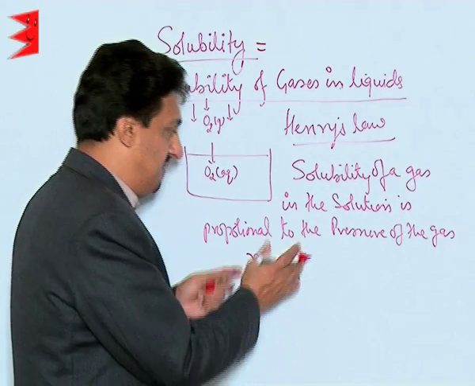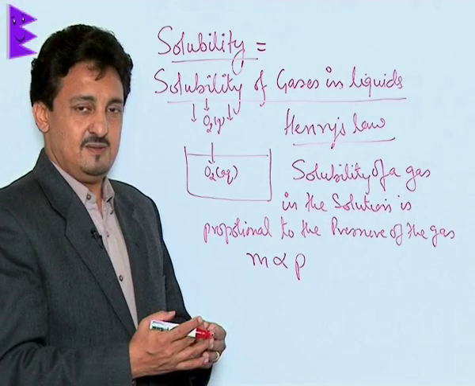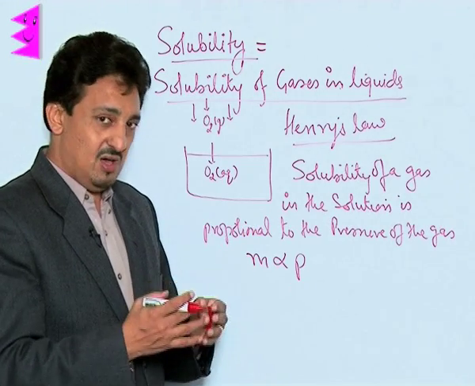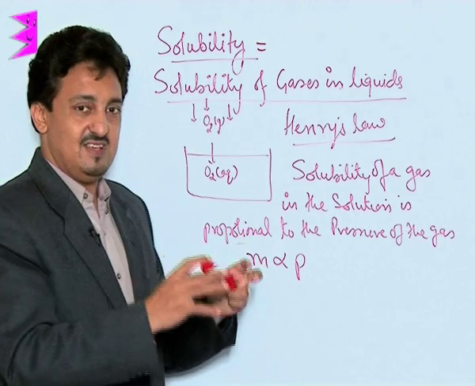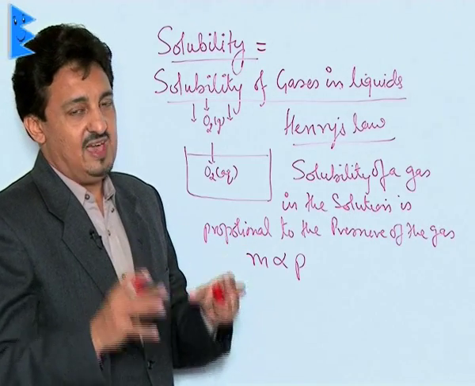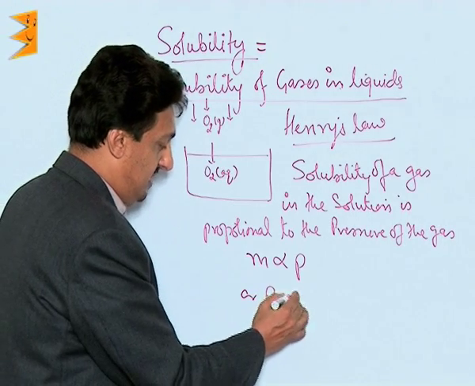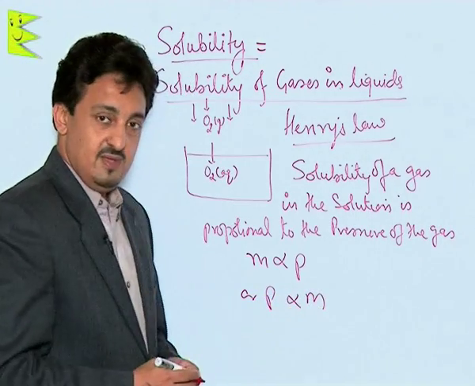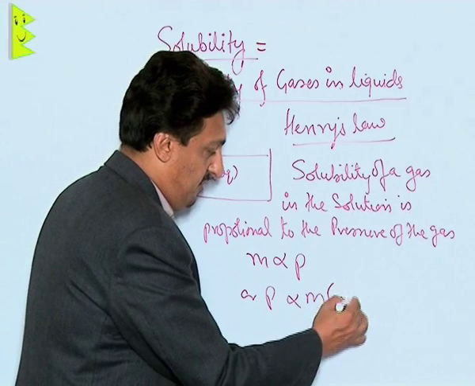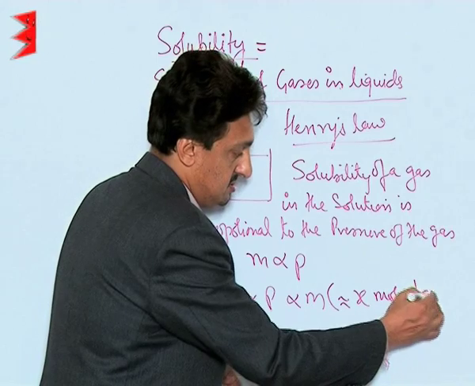The same law is also written as: the pressure of a gas in the vapor phase is directly proportional to the amount of the gas dissolved in the solution. So we can write P is proportional to M. This M is often expressed in terms of mole fraction.